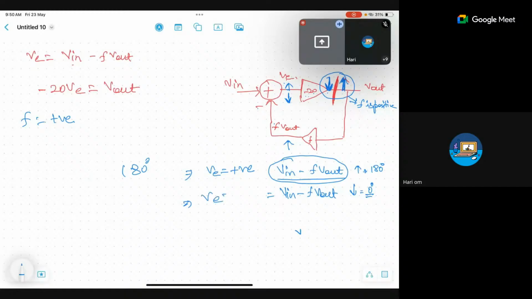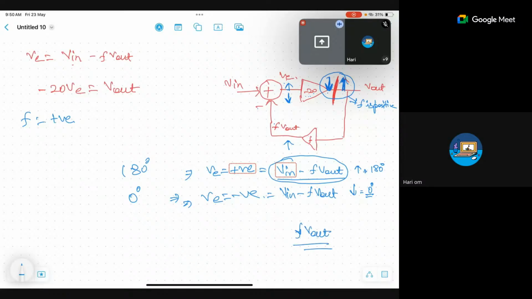And if VE is already negative, then negative multiplied with minus 20, we are getting a 0-degree phase shift, because negative and negative multiplied becomes positive. Clear? Yes, sir. So all will be dependent on F times V out.